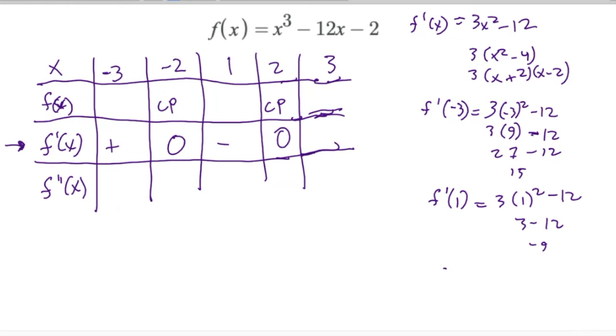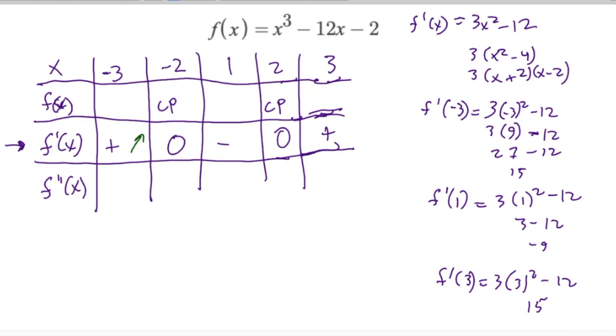And then I'll do it again. f prime of 3 equals 3 times 3 squared minus 12, which is just going to be the same thing. I'll get 15 again, so that's positive. So if you notice, I'm going from positive to negative to positive again, which means my graph is doing this.